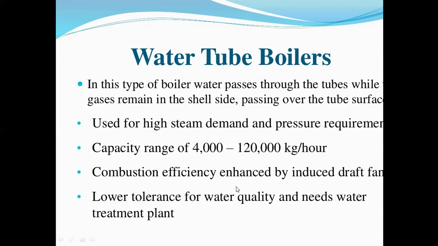The combustion efficiency is enhanced by using a draft fan. The induced draft fan is used for removal of exhaust gases, that is, removal of flue gases from the furnace, so that its combustion capacity increases. It has a lower tolerance for water quality and needs a water treatment plant.